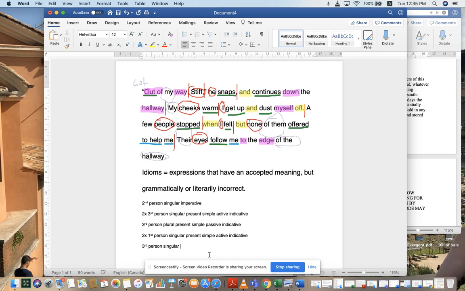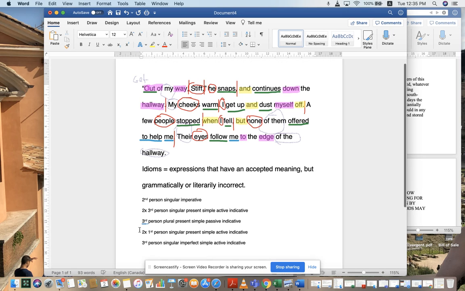So third person singular, imperfect, it's simple, it's active, and it's indicative. Then we have I fell, so that would be first person singular, another imperfect, another simple, another active, and another indicative.